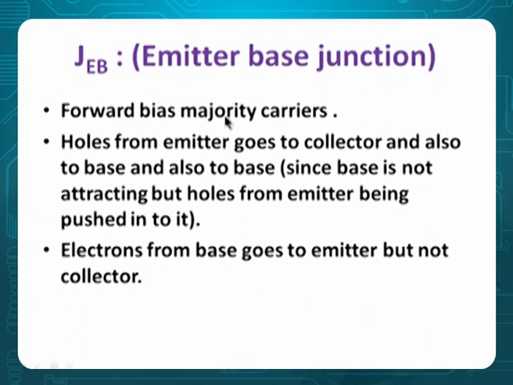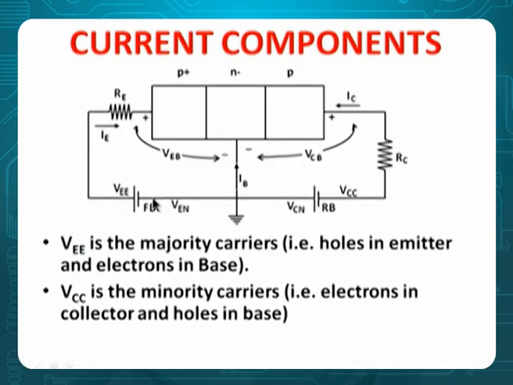Now let me take you one by one. Emitter-base junction, forward bias, majority carriers, as I already told you. What are the majority carriers? Holes from the emitter go to the collector and also to the base, because there is no attraction but they are being pushed there. Let me show you what it is.